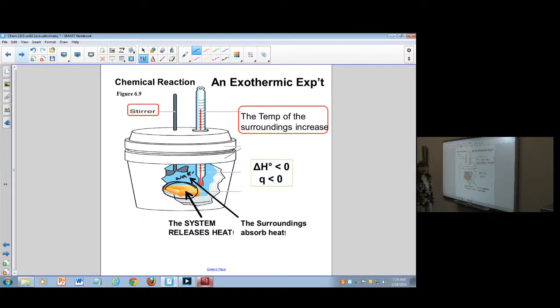Now, what happens during the experiment? The temperature of the surroundings increases. So in other words, the system had to release heat in order for that temperature of your surroundings to increase. And in that case, that means we're losing heat from the system, and our delta H value is going to be less than 0.